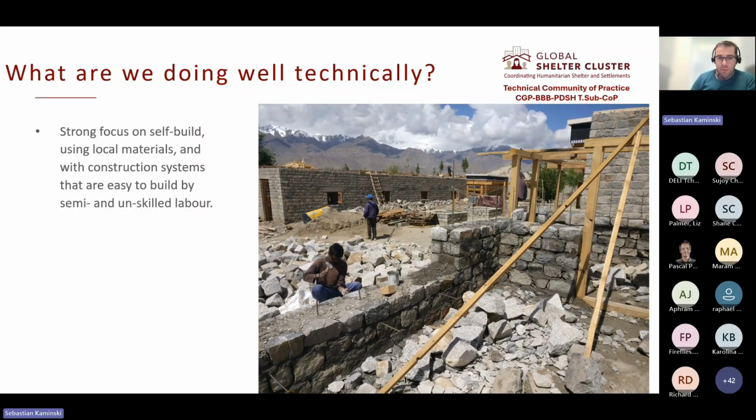One can compare that to 20, 30, 40 years ago, when there was more interest in prefabricated solutions that we now realize generally aren't contextually as appropriate. So the sector has matured a lot in that way, and from a technical perspective, this certainly works a lot better, as well as obviously from the sociological perspective.